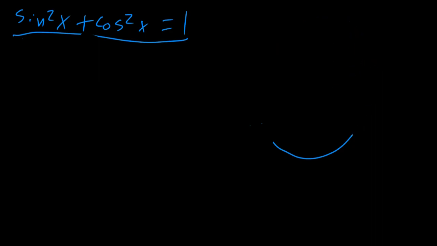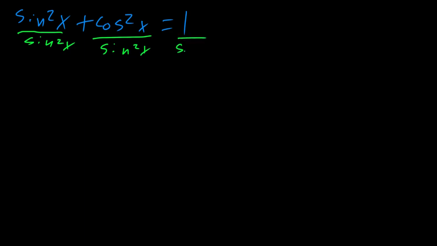So there are 2 other Pythagorean identities. We can derive the second one by dividing both sides of this first identity by sine squared of x. So what's sine squared of x divided by sine squared of x?